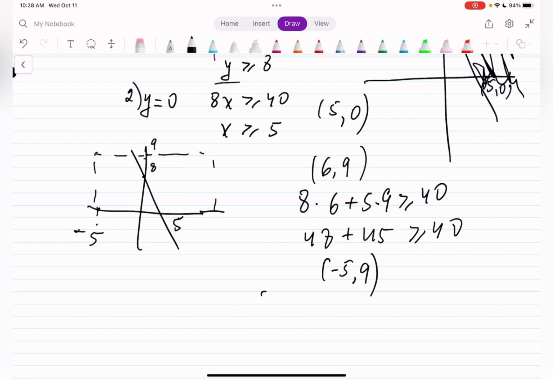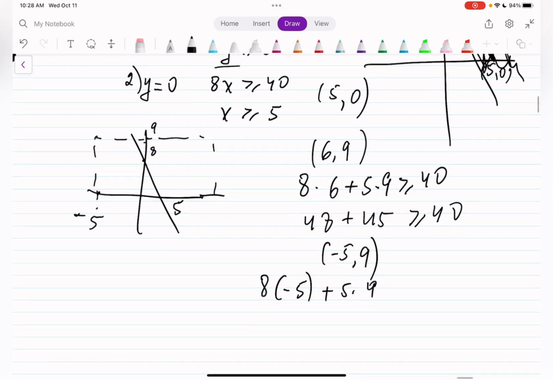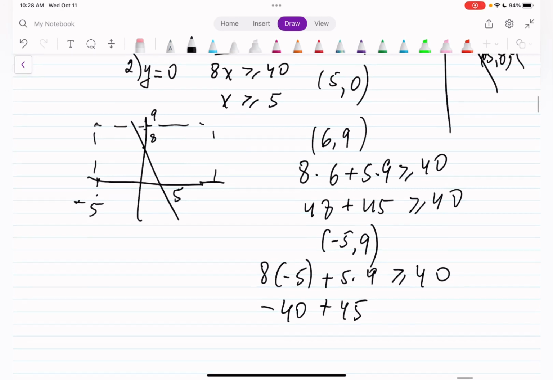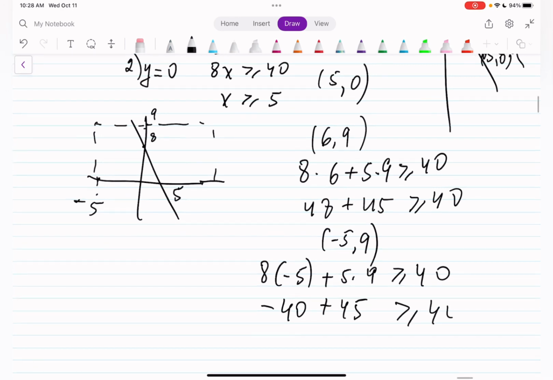Let's do it. 8 times negative 5 plus 5 times 9. We're supposed to get greater equal 40. This is negative 40 and then plus 45. See? It's not satisfying because we are getting positive 5. Positive 5 cannot be greater than 40. So we are shading this area.